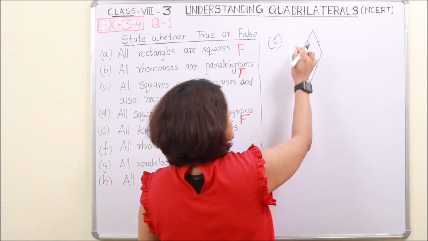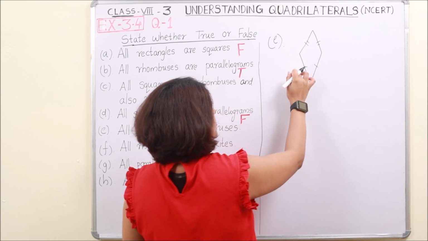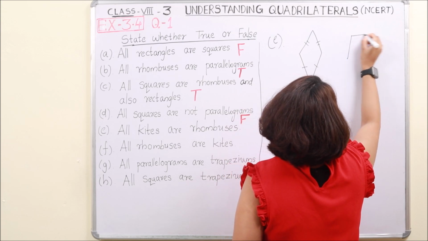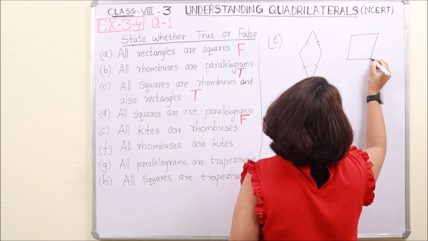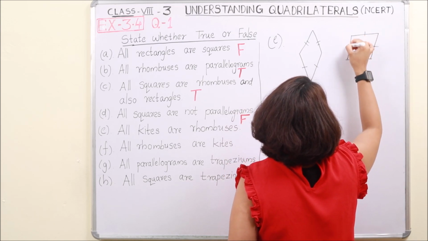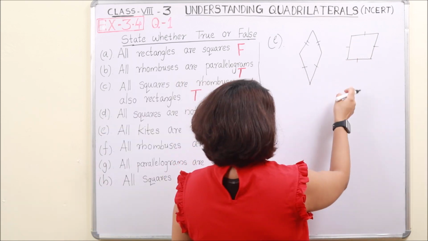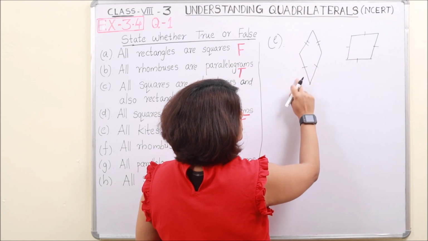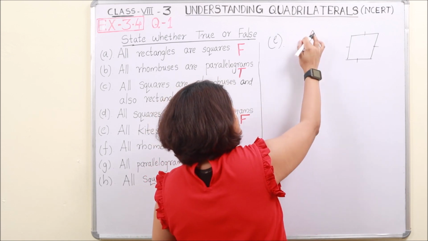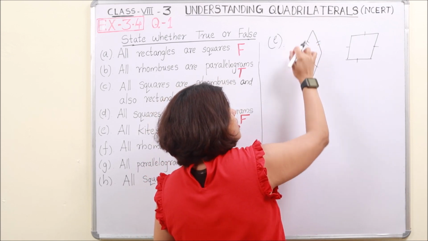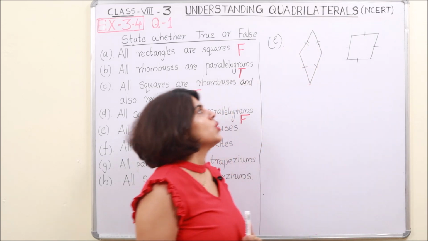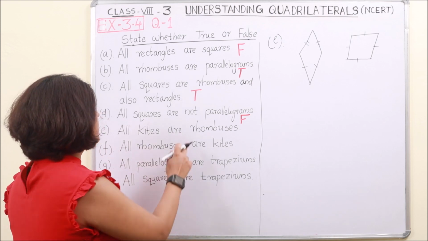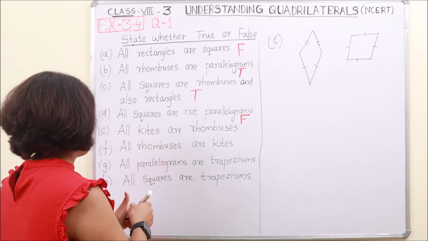But it is not necessary that these two sides would be equal. In a rhombus, all the sides should be equal. So we cannot say all kites are rhombuses. Therefore, the statement is false.